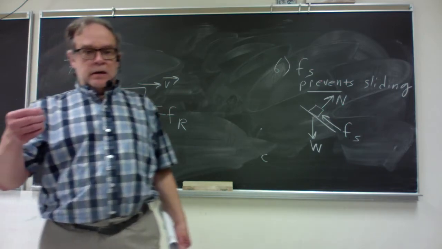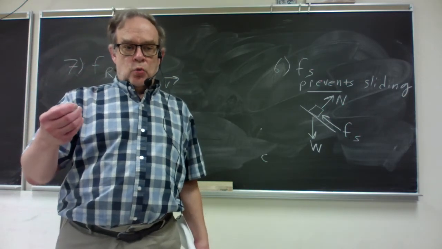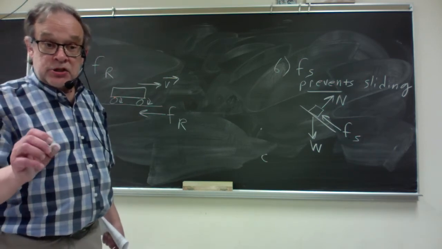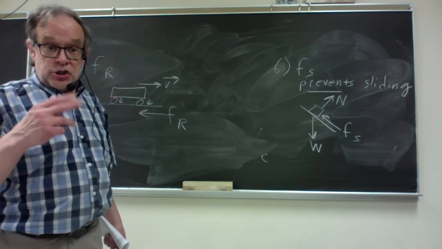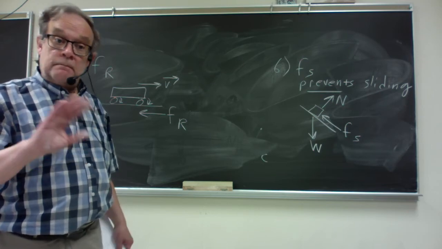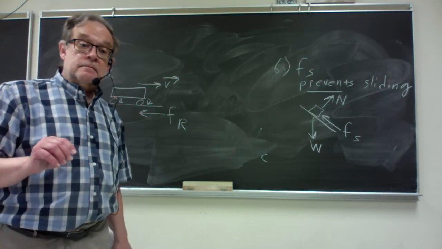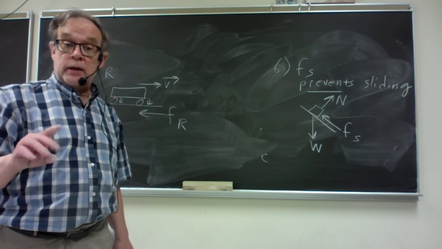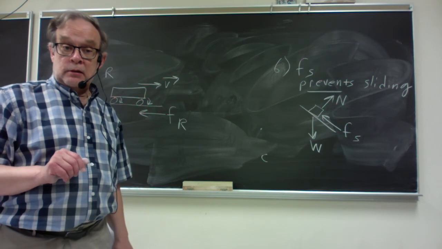In the case of a car where energy is being sent to the wheels to make the wheels rotate, rolling friction works in a slightly different way, and we'll get to that a little later.